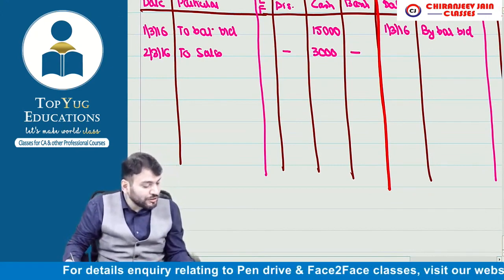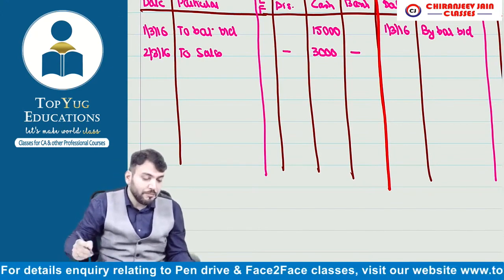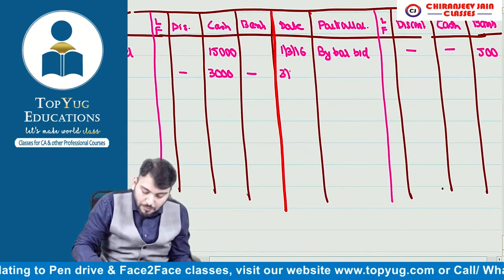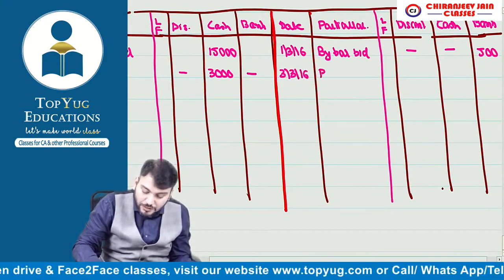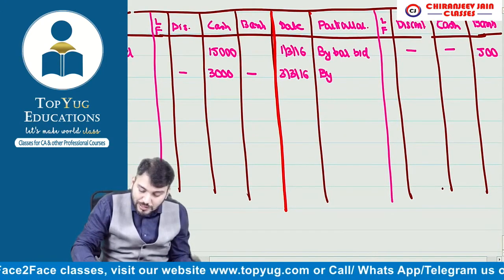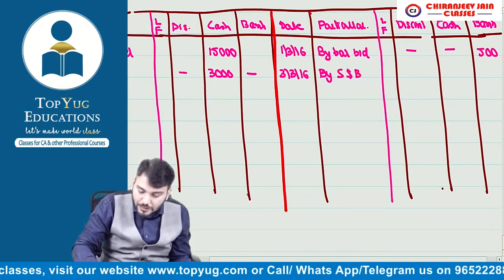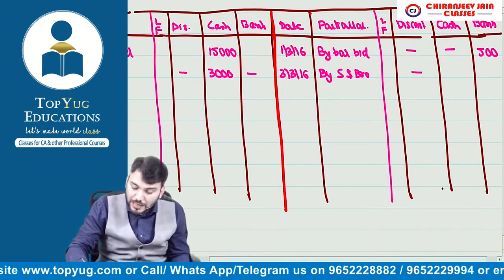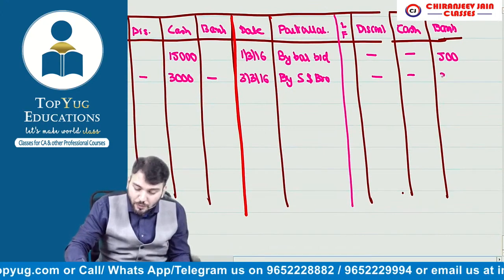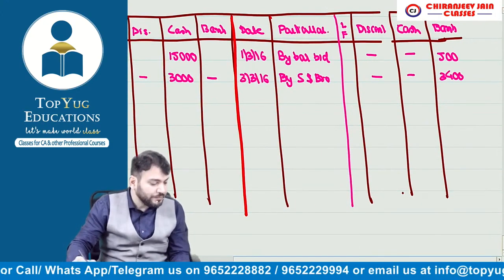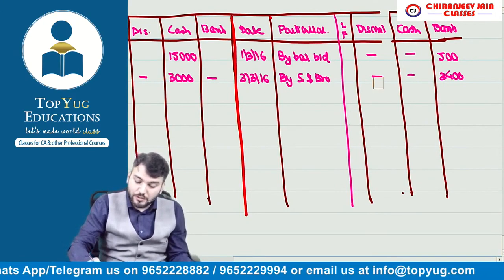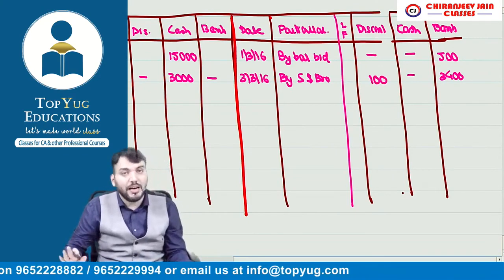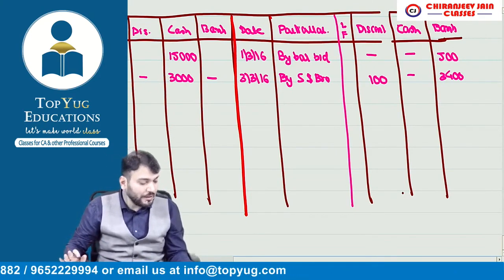Then paid to Sushil Bro by check. तो यहां लिखेंगे 3rd March 2016. किसको पेमेंट किया? बाय सुशील एंड ब्रो. करेक्ट? अंडरस्टूड. How much we have paid by check? 3,400. तो we write on in bank column 3,400. And discount received. उससे डिस्काउंट कितना रिसीव हुआ? 100. 100 is the discount received. Understood this point? Yes sir, understood.